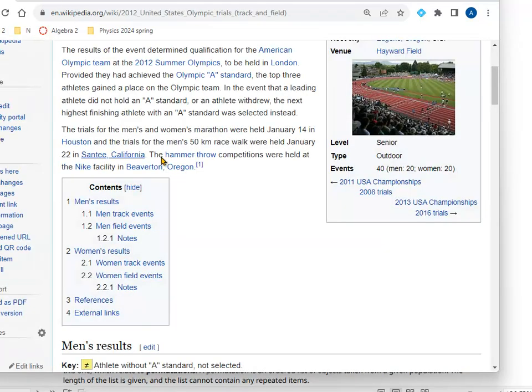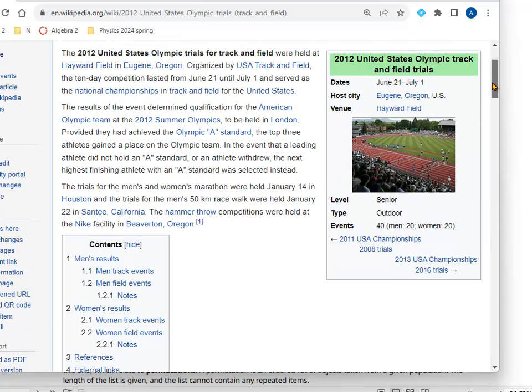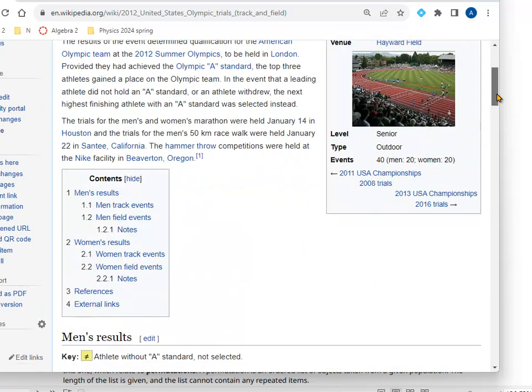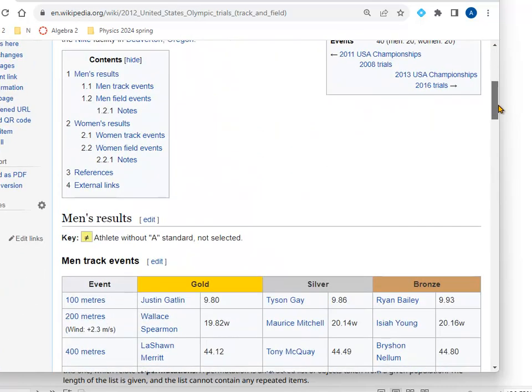And then finally, this one is the trials for the same Olympics, so the US trials. And you will see one name that was already there, Justin Gatlin, the American who placed for the bronze at the Olympics. I know they say gold, silver, bronze here, but in order to qualify for the Olympics, you really only have to be in the top 3.